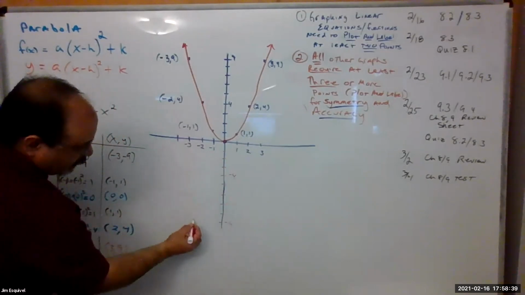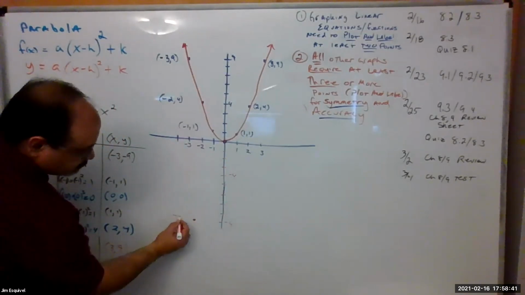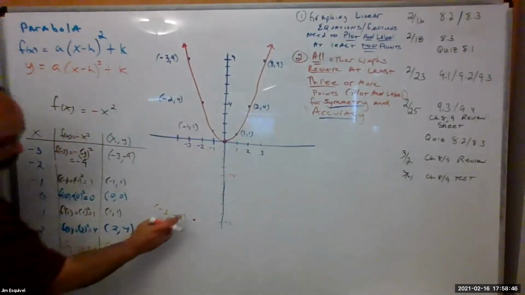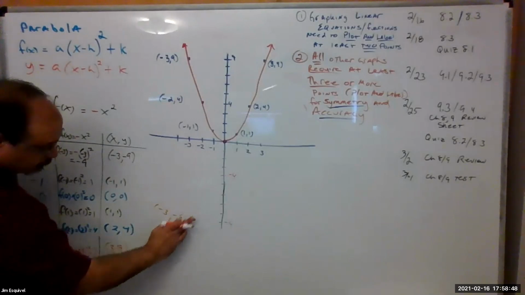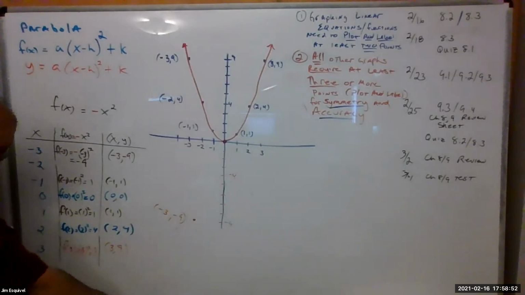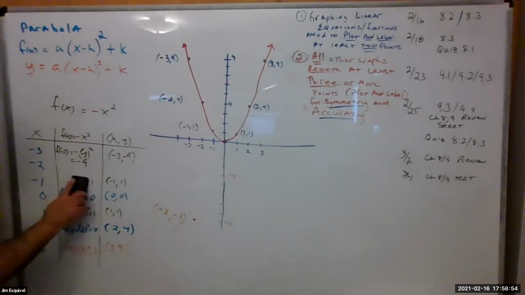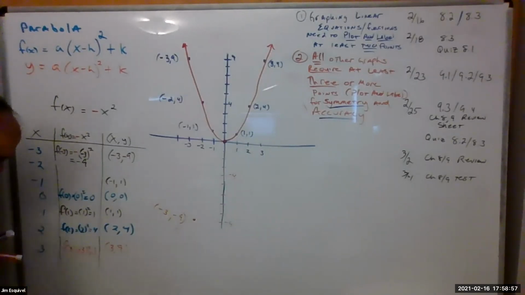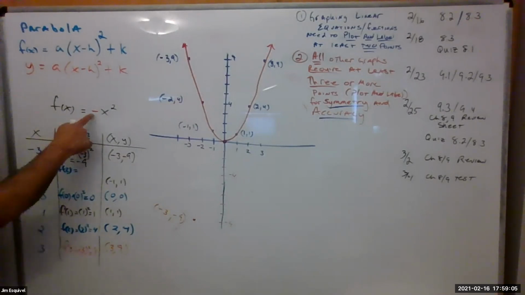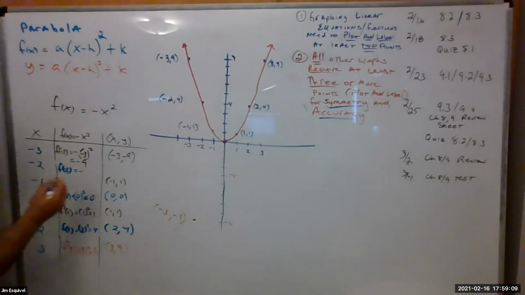We plug in -3, we get -9. Same thing happens when we plug in -2 now. f of -2 is equal to, there's a negative on the outside, and then you plug in your -2 and square it.